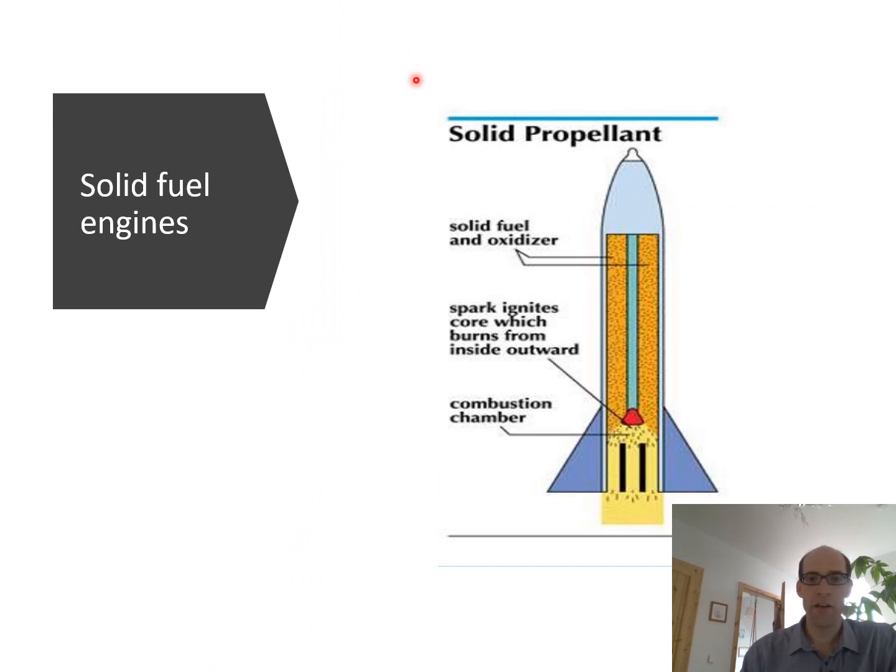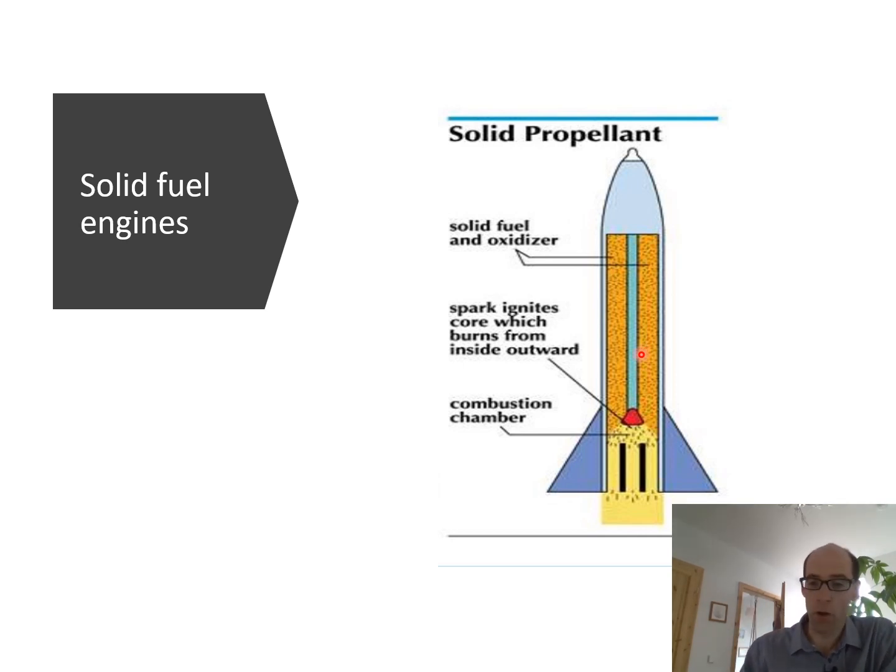There are two main types of rocket engine, solid propellant and liquid propellant engines. I'm going to speak a little bit about both of them. Solid fuel engines are in many ways the simplest to understand. It is essentially a glorified firework. In a solid fuel engine, you have some form of fuel and oxidizer combination that has been compacted into a solid form.